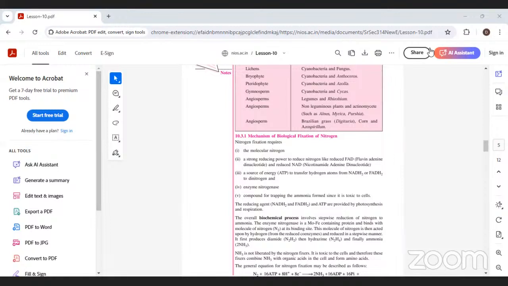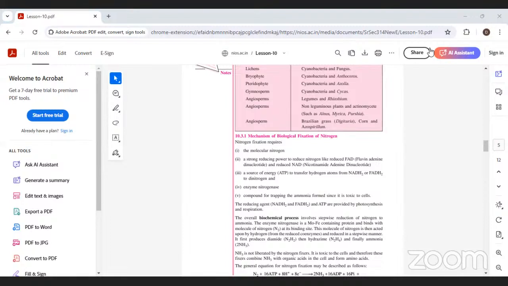Next, a source of energy is also required: ATP, to transfer hydrogen atoms from NADH2 or FADH2 to dinitrogen. Fourth, the enzyme nitrogenase.